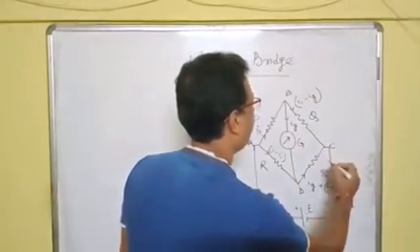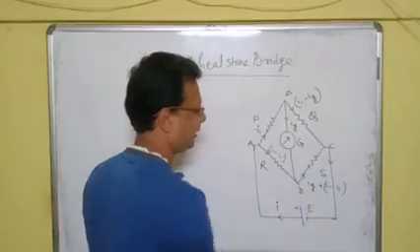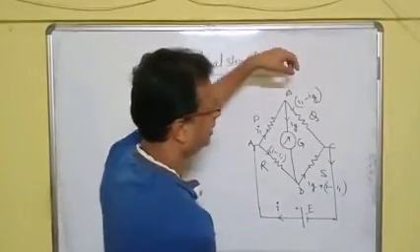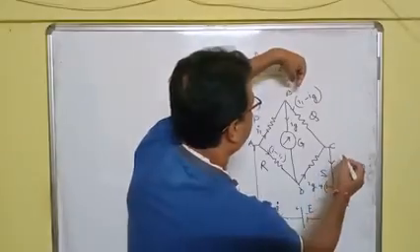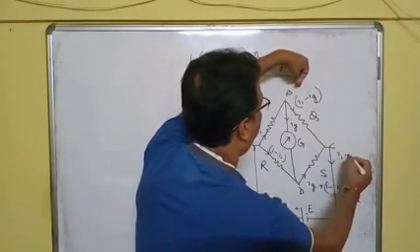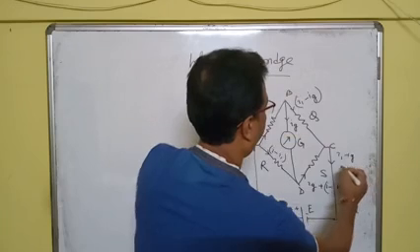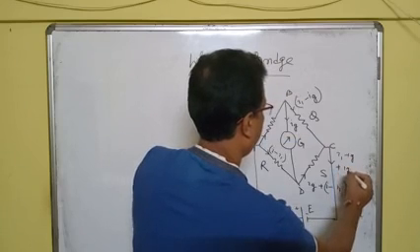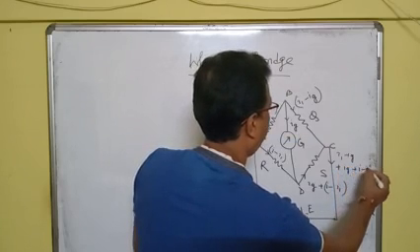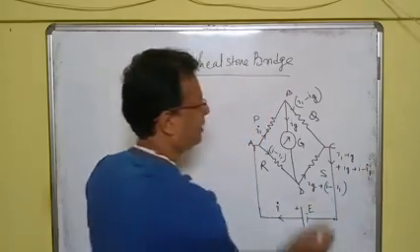So what is the current flowing through C, to the cell? If you see properly, it is I1 minus Ig plus Ig plus I minus I1. So we add them.